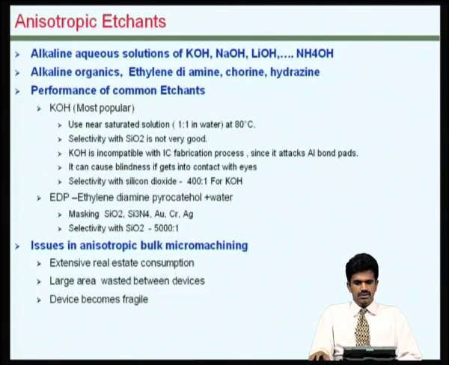This angle is predefined based on crystal directions, and as you may have noticed, is at an angle of 54.3 degrees with respect to the surface of the wafer, and hence for large area geometries, even larger area is wasted on the wafer, and this can potentially make the wafer fragile.